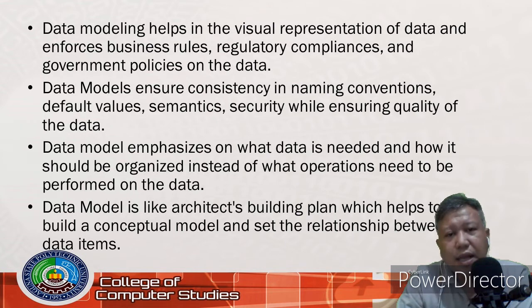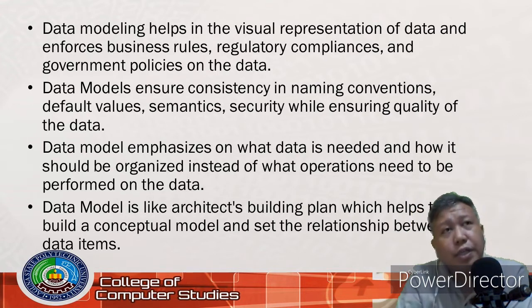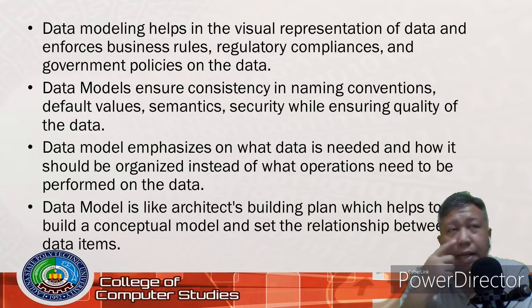So, and then actually may mga rules kasi sa pag-handle ng data. Like for example, sa human resources, pagka nag-store ka, for example, ng name, ang dami nagkakamali nito. Yung tinatawag na suffix, yung junior, senior.